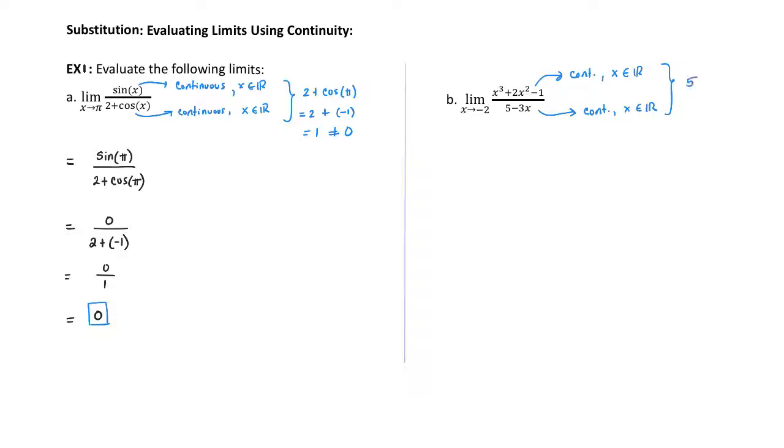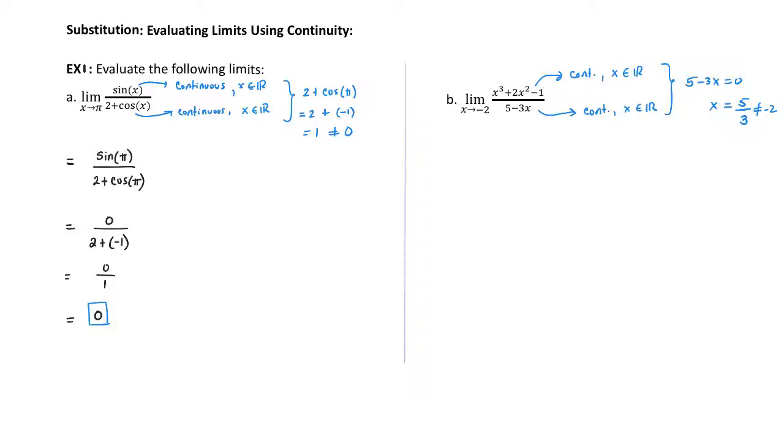So when is the denominator equal to 0? We already solved, we worked with this function previously, so I'm not going to do every single step. We found that this is equal to 0 when x is equal to 5/3. Well, 5/3 is not equal to -2. So then this is telling us that this rational function is continuous at -2.